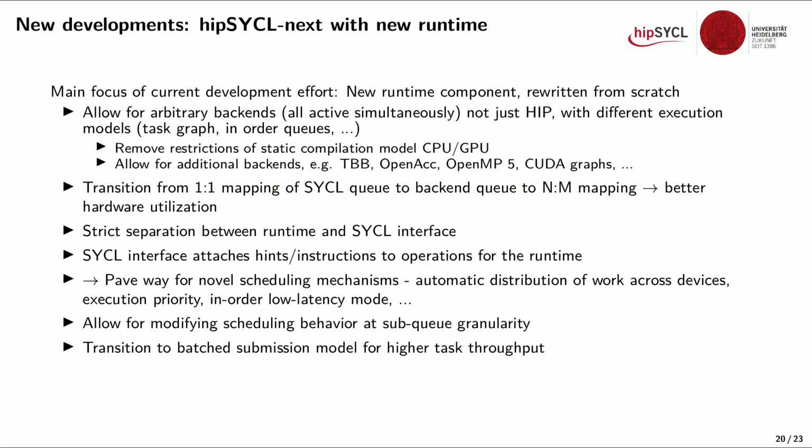What we're doing at the moment is transitioning to an N-to-M mapping, where N SYCL queues map to M backend queues, where M is determined by the capability of the hardware to run concurrent kernels and to perform concurrent data transfers, such that no matter how many SYCL queues you create, you can always utilize the hardware to the best of its abilities.